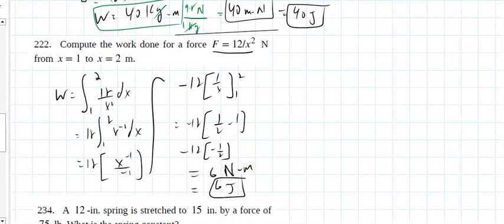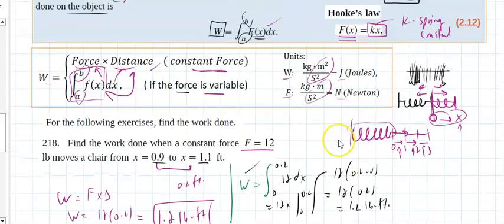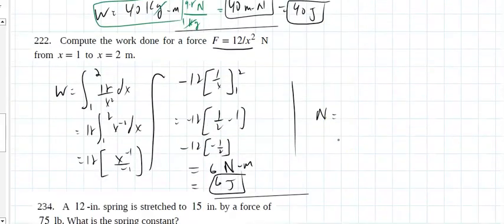Well, I was having such a hard time with that. So keep in mind, newtons is kilograms times meters per second squared, and joules is kilograms meters squared per second squared.